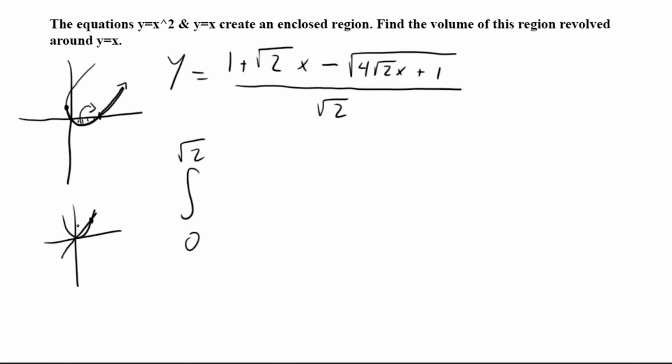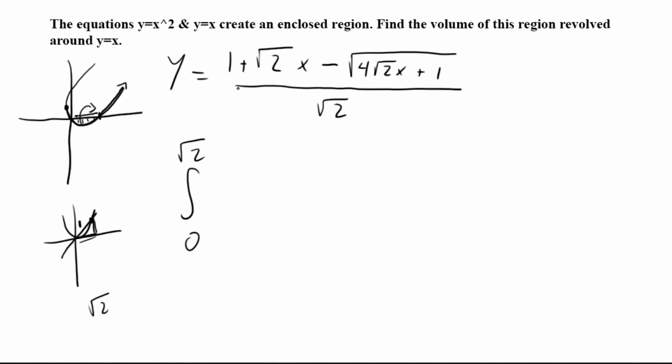However, this distance here is actually this distance here, and this distance is the square root of 2, because you have a leg of 1 and a leg of 1, and based on the Pythagorean theorem, 1 squared plus 1 squared equals c squared, and we get the square root of 2 as our distance there. So be careful to adjust the bounds as necessary when you're doing a rotation like this.